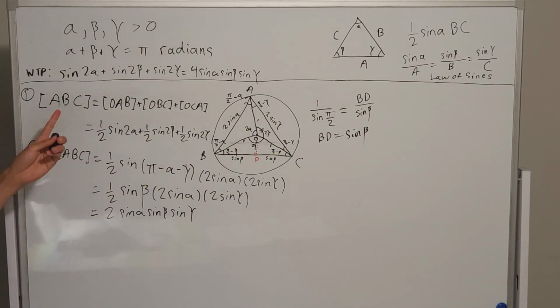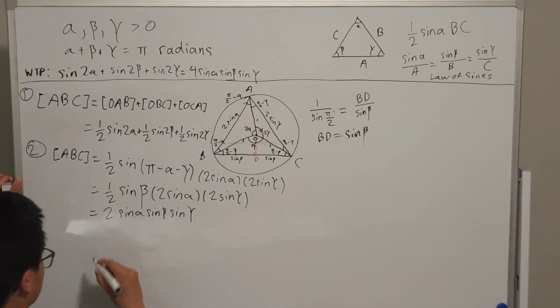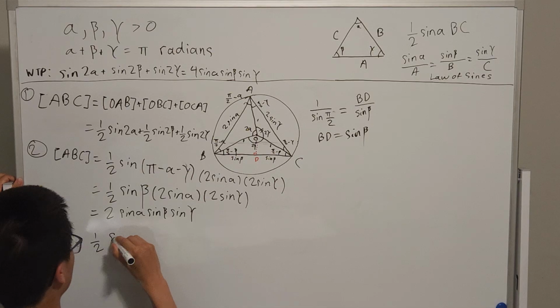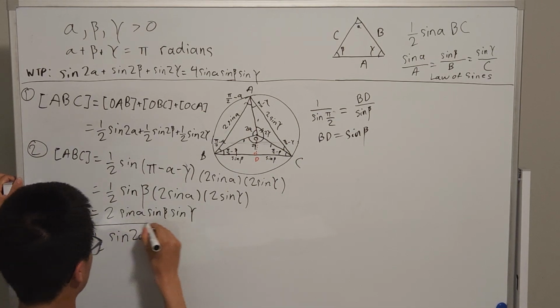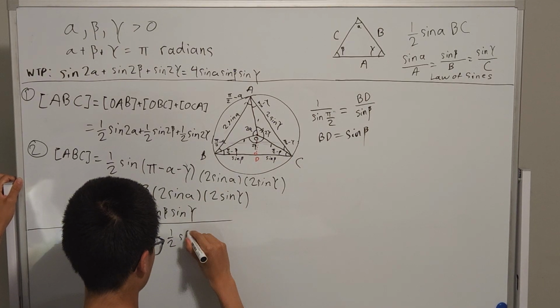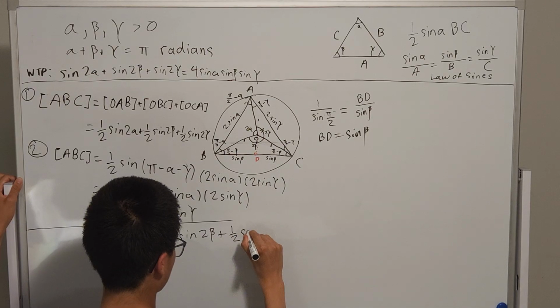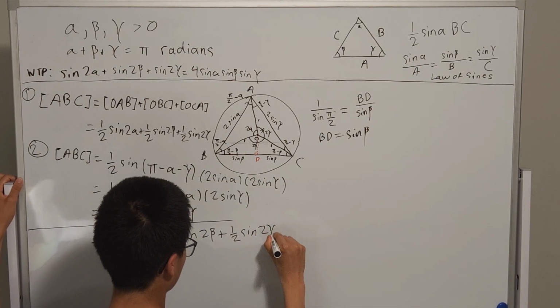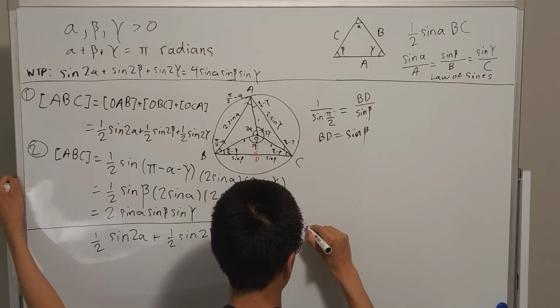Because both of these expressions represent the area of triangle ABC, they must be equal. Okay, let's go write that down. Equals 2 sine.